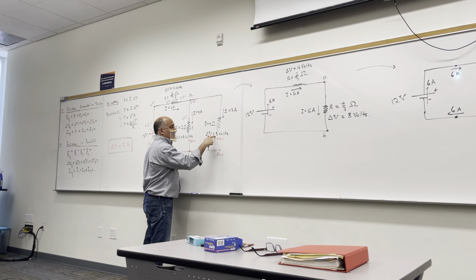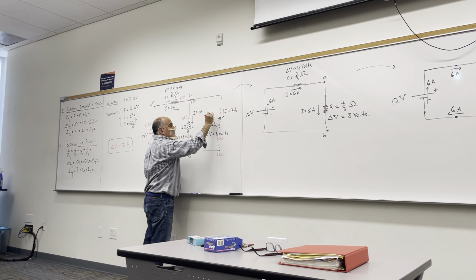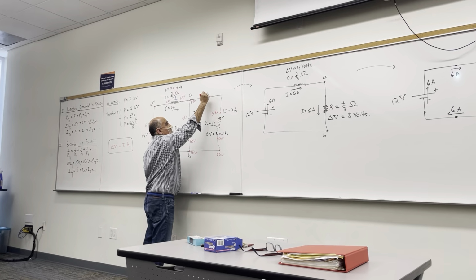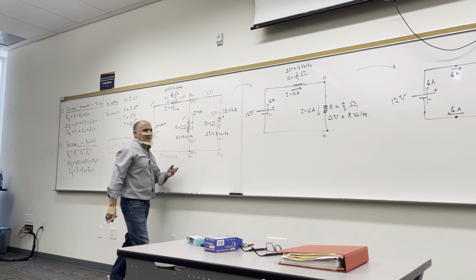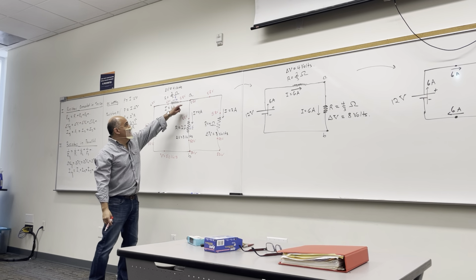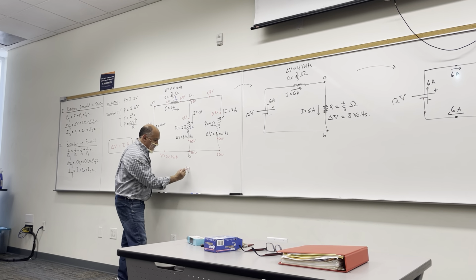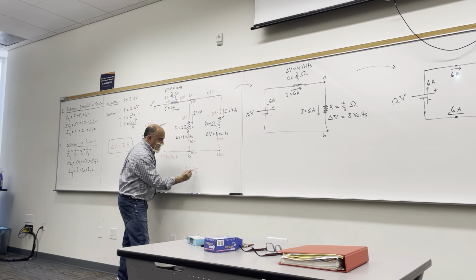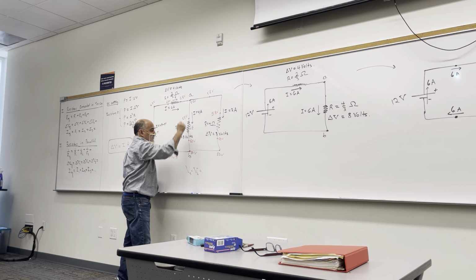But what does it mean that the voltage across this is 8 volts? The current is down, so the electric field is down. So what should this be? 58 volts. I think one of the questions was, what's the voltage between points A and B? Well, the potential at A minus the potential at B would be 58 minus 50.